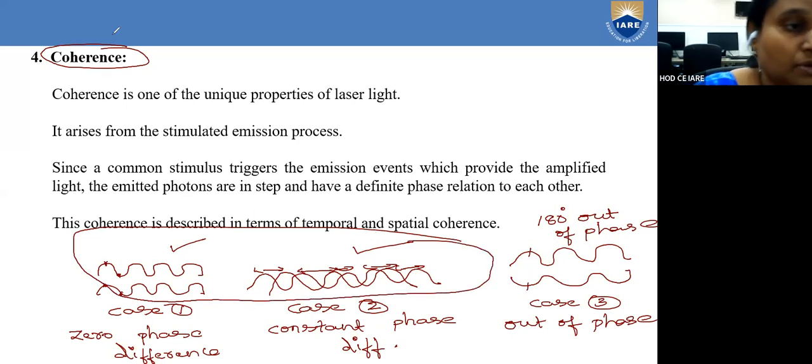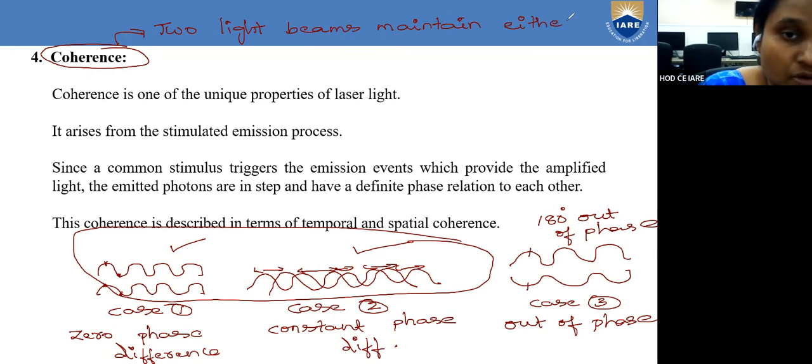Coherent is when two light beams maintain either zero or constant phase difference between them.